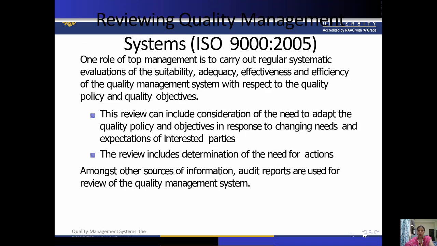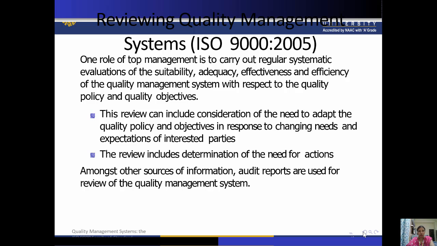Now next is reviewing quality management systems. As per ISO 9000:2005, one role of top management is to carry out regular systematic evaluation of the suitability, adequacy, effectiveness and efficiency of the quality management system with respect to the quality policy and quality objectives.